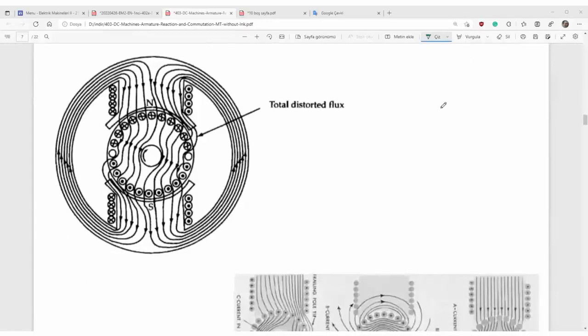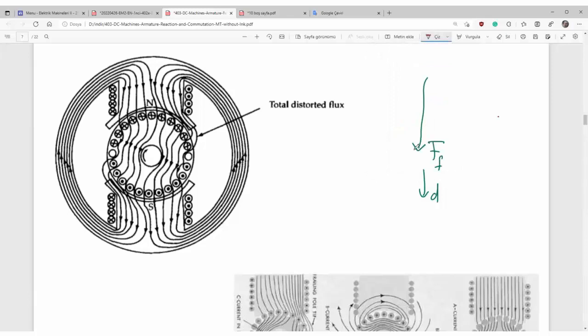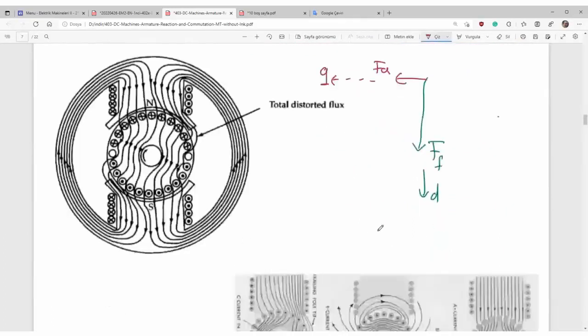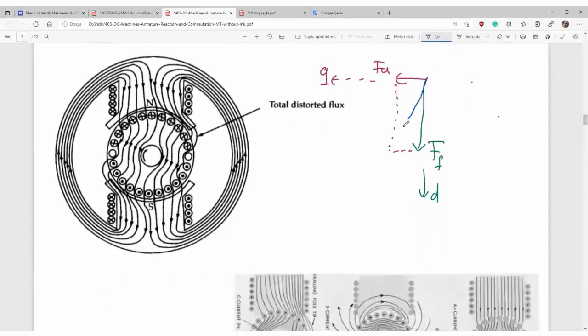In the beginning, there was field MMF downward in the direct axis, as you know from synchronous machine theory, and then you have applied some armature reaction in the quadrature axis. Here you see, and then there is a distorted flux in a new direction.